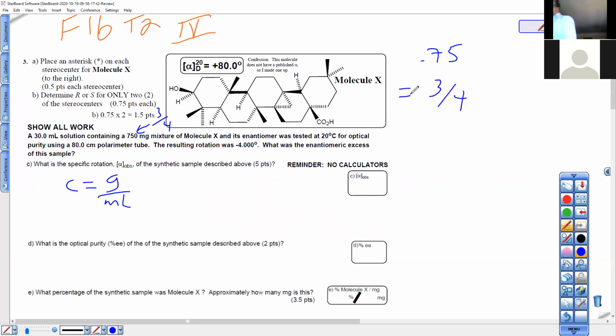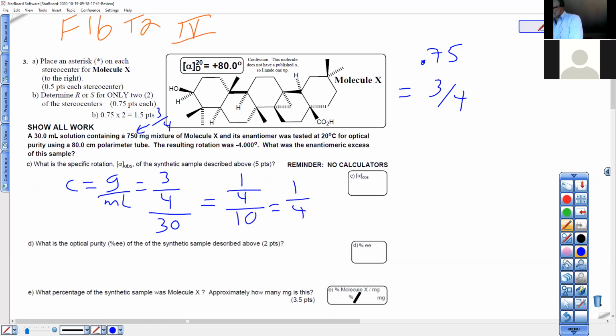Without a calculator, doing math with this is a lot harder than doing this. That's a decimal. So we have 3/4 of a gram over 30 milliliters. Hey, there's some simplifying you can do there. 3 over 30 is 1 over 10. 1/4 over 10 equals 1 over 40.